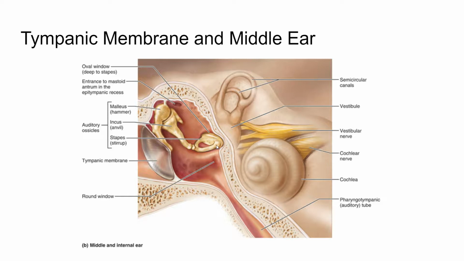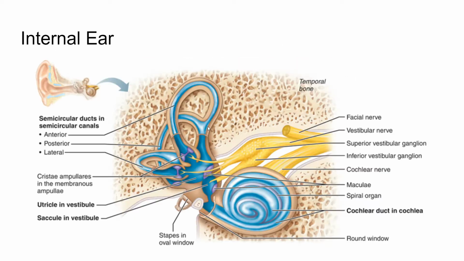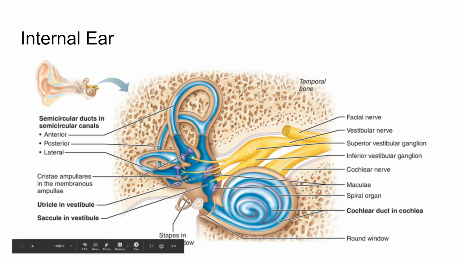Their whole job is to take the vibrations they have sensed on the tympanic membrane, rattle a bunch, and pass them to the oval window, where those same vibrations will be received by the internal ear. Here you can see the stapes.